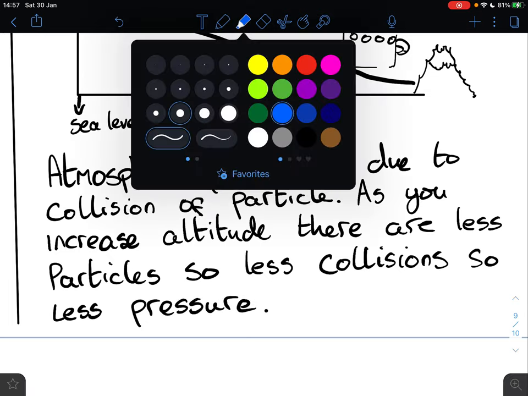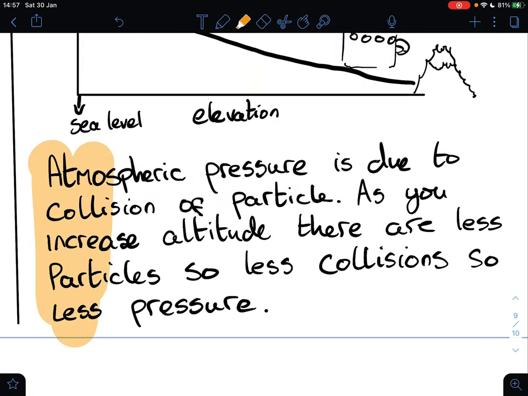There we go. Get that highlighted. It's a pretty key concept. I've seen questions about that before.